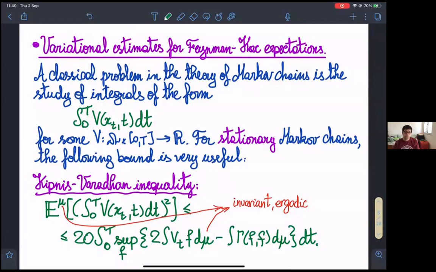Okay, so when you look at the Markov chain, a classical question is the study of these integrals.